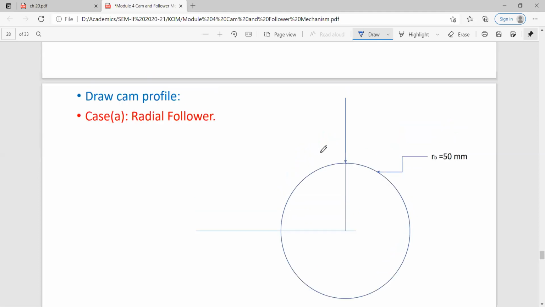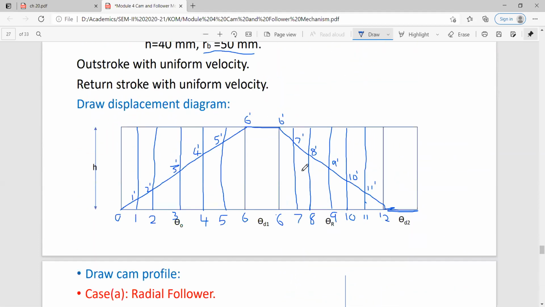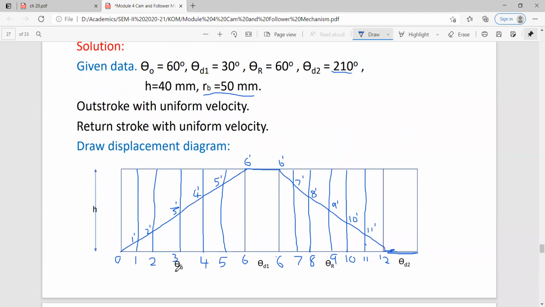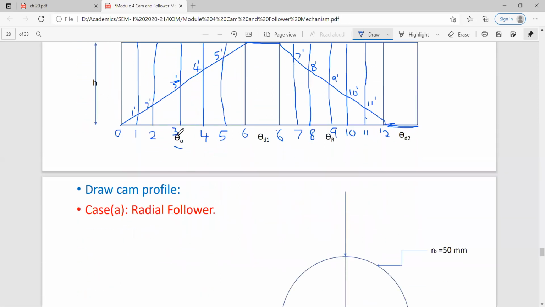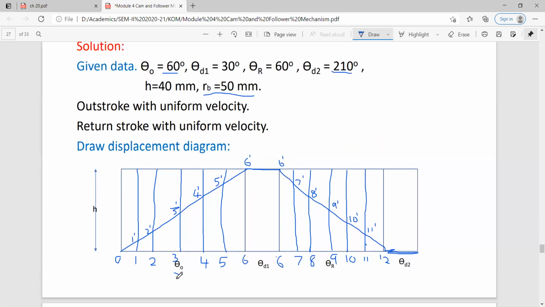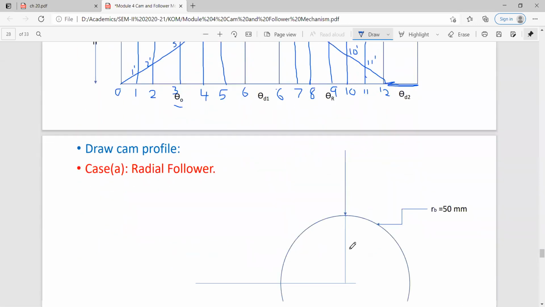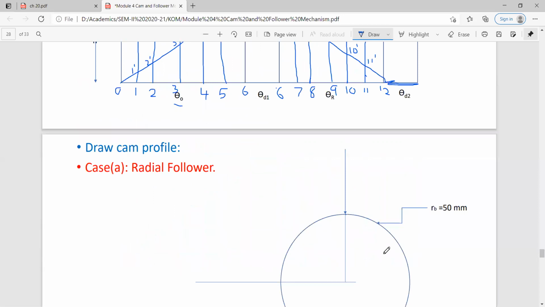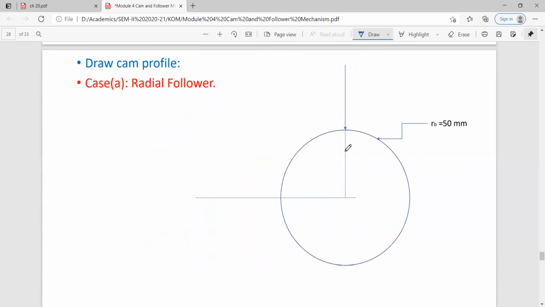So see what is the sequence of the angles. First, there is the angle of rise, theta 0. How much is it? It is equal to 60 degree. So you will mark the angle of rise first on your base circle. We will go in the anti-clockwise direction.